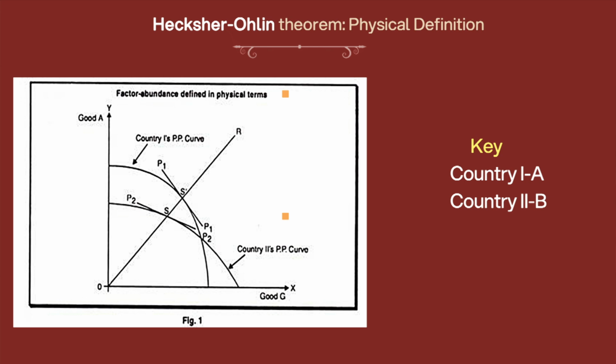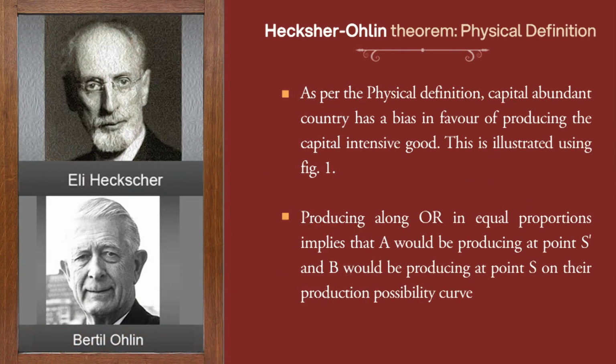For this, we construct a ray OR, and assume that the two countries produce on this ray OR. Therefore, the two countries are producing at two different points on their production possibility curves, point S and point S dash.